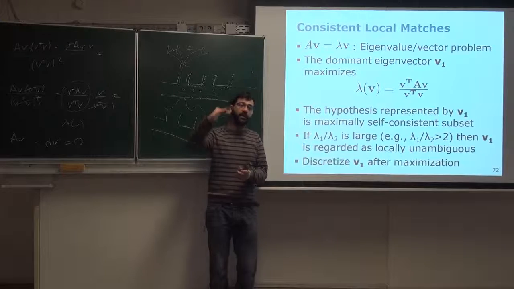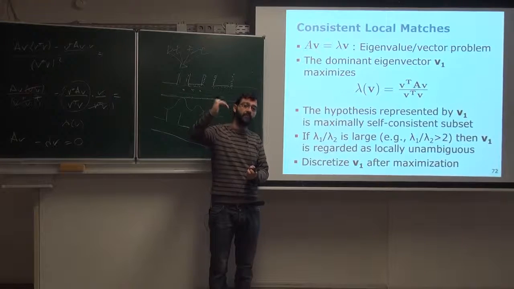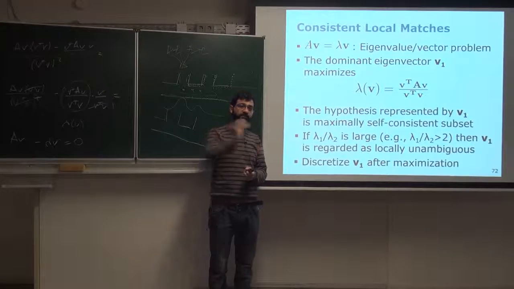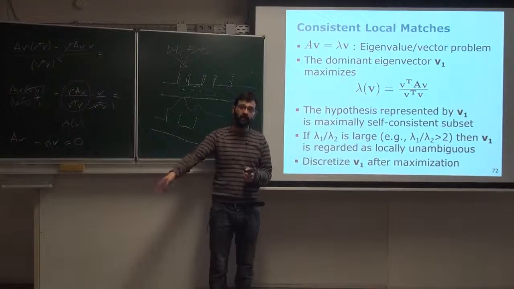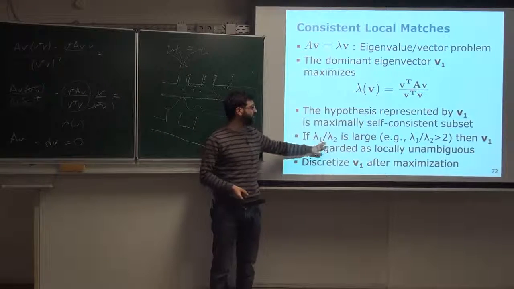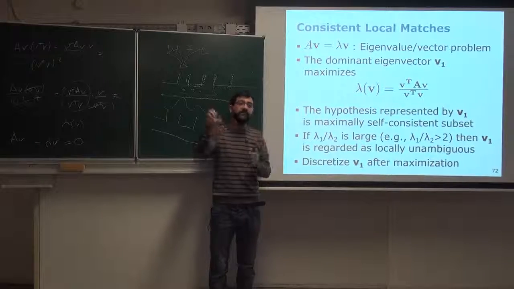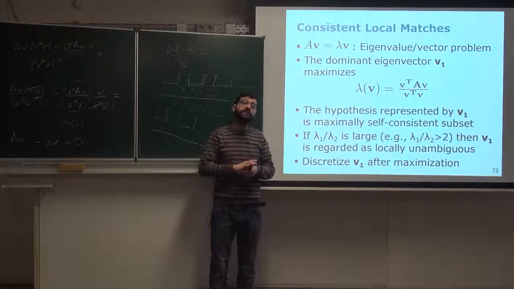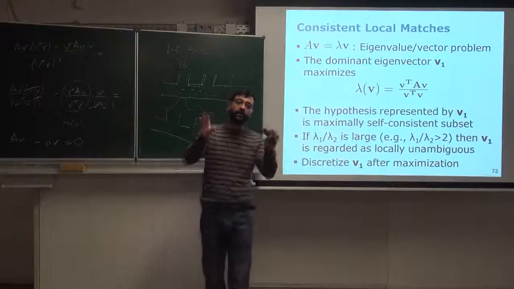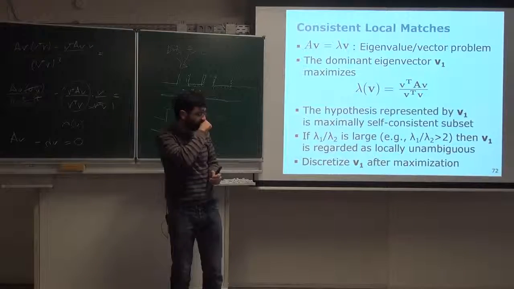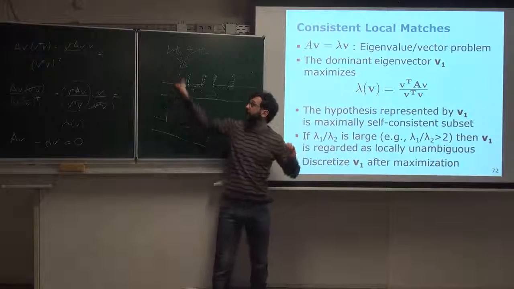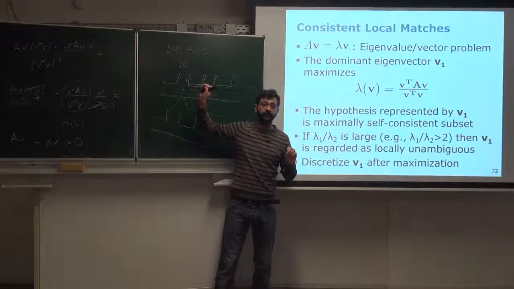If this is quite high, way above 1, then we are sure that the first hypothesis is way better than the second one. And if this is close to 1, then we know that there is some picket fencing problem. We know that there is some local ambiguity around this area here. Okay?